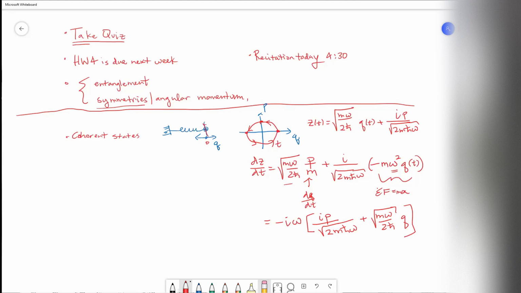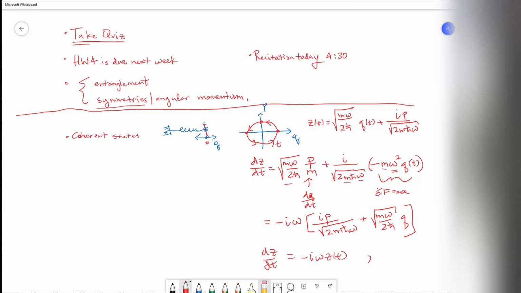You factor out a minus i, you get a plus. One omega goes away, this m cancels with the square root of m, and the square root of omega cancels with the remaining omega, so you get this. So it's just minus i omega z of t. That's the differential equation classically that Z obeys.